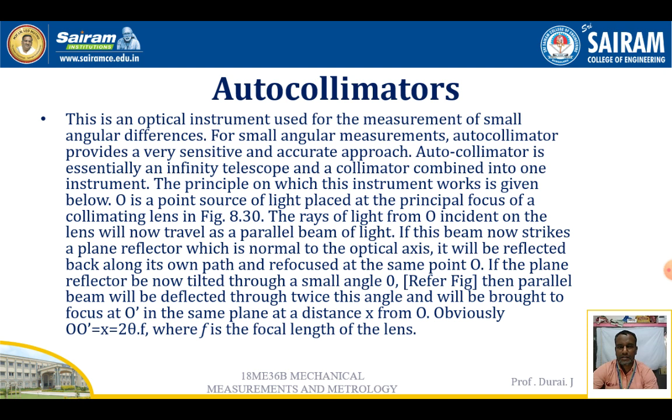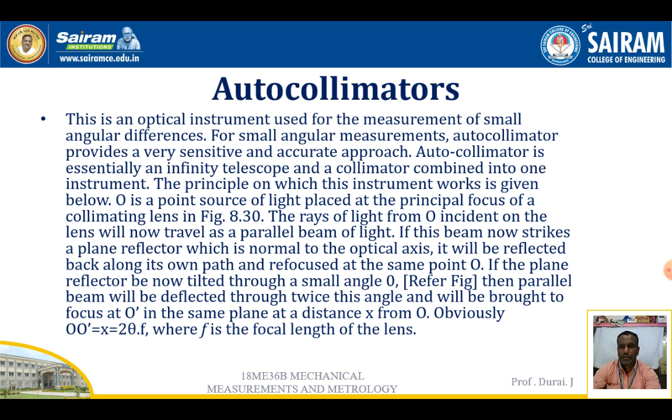Then comes the next instrument, the autocollimator. The main purpose of the autocollimator is to measure small angle variations, and also small measurements. The autocollimator provides very sensitive and accurate values, and it essentially combines an infinity telescope and a collimator into one instrument.